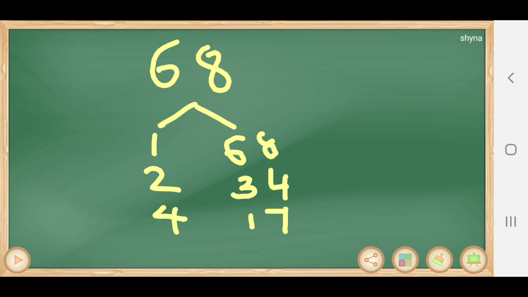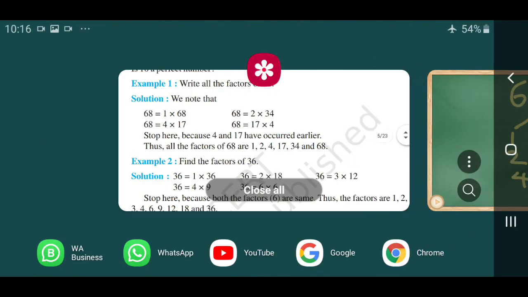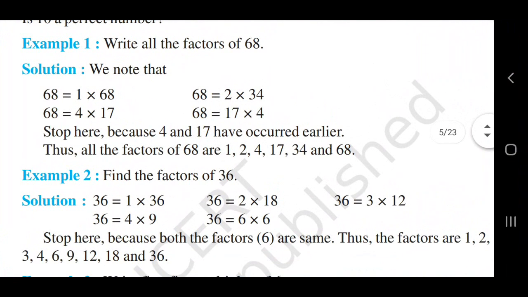So the factors of 68 are, write the last sentence, factors of 68 are 1, 2, 4, 17, 34 and 68.